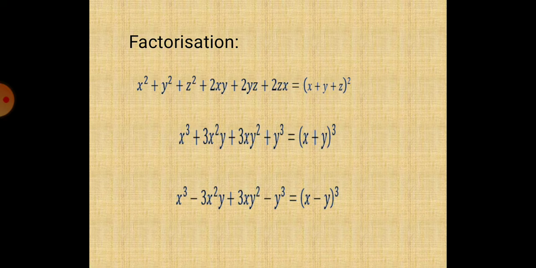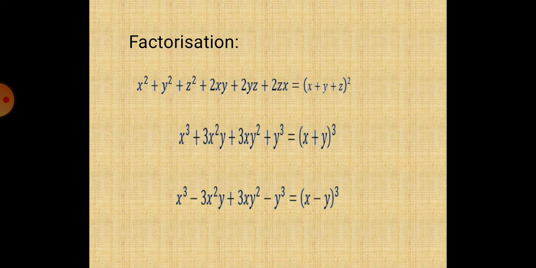We have to observe the product properly. If it is in the form of x² + y² + z² + 2xy + 2yz + 2zx, then we can say that it is nothing but (x + y + z)², and the factors are (x + y + z)(x + y + z).